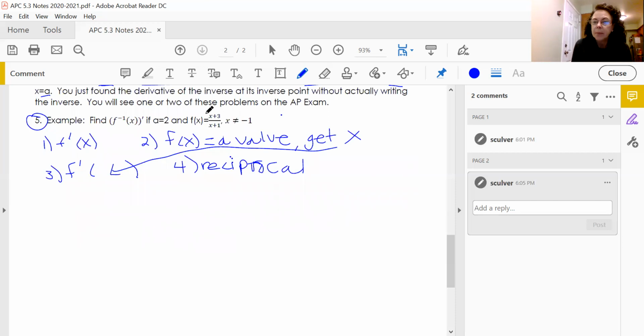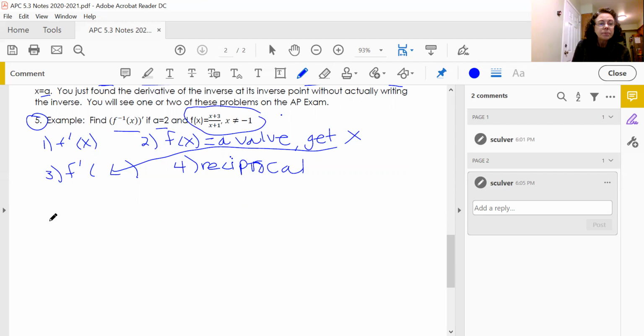Yeah, but what a pain, right? You would make f of x equal y, then switch the x's and the y's. Now you have x equals (y plus 3) over (y plus 1), and you have to get the y alone. That's a pain. So let's just find the derivative of the inverse function at its input using our original function, so we don't have to write the inverse.